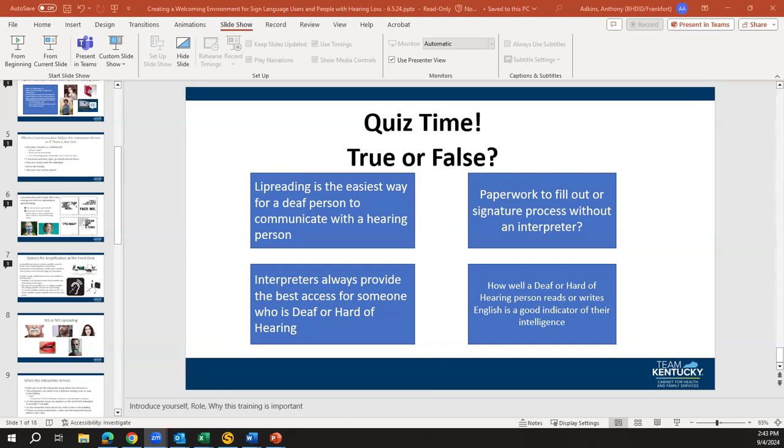Paperwork to fill out or signature processes, that's okay without an interpreter. Is that true or false? To do paperwork and signatures without an interpreter. Why? Anybody want to expand on why?